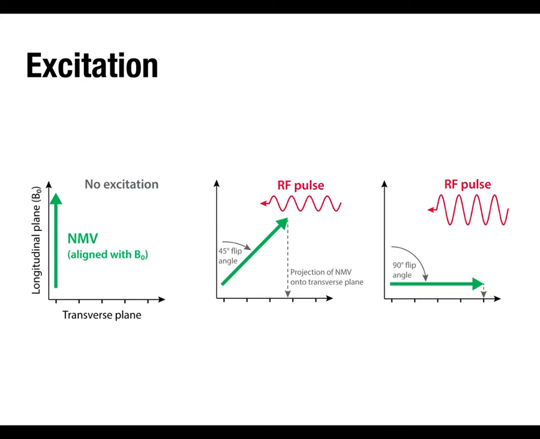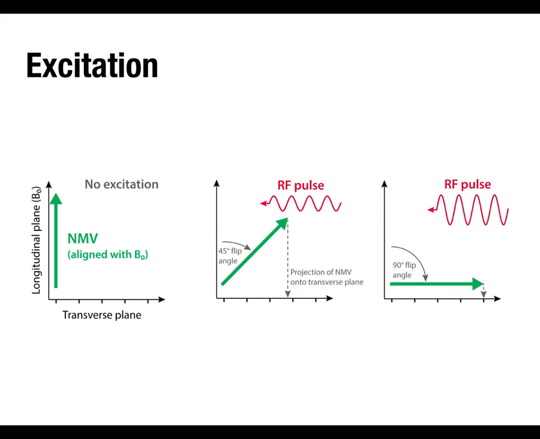In other words, they're absorbing energy, and they're able to overcome the effects of the strong magnetic field and do their own thing. Specifically, we're sending in the RF pulse along that transverse plane. So we're pulling those protons that are at rest aligned with the B0 field out of alignment, and pulling them in the direction of the RF pulse. They're absorbing energy that allows them to resist the strong magnetic field and move over.